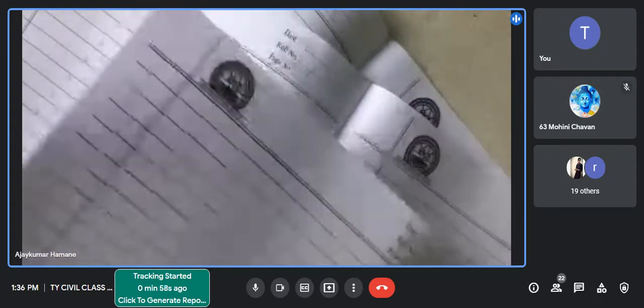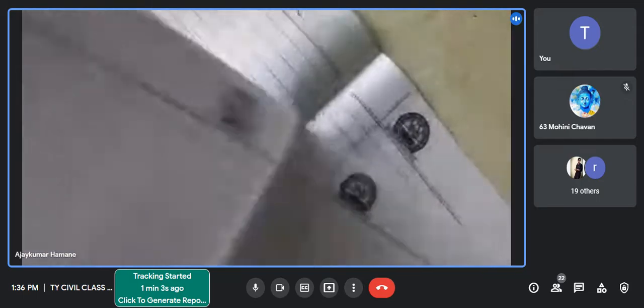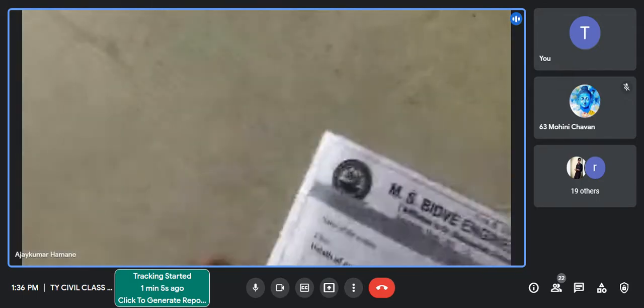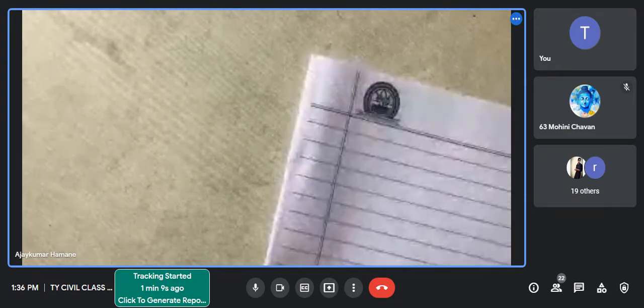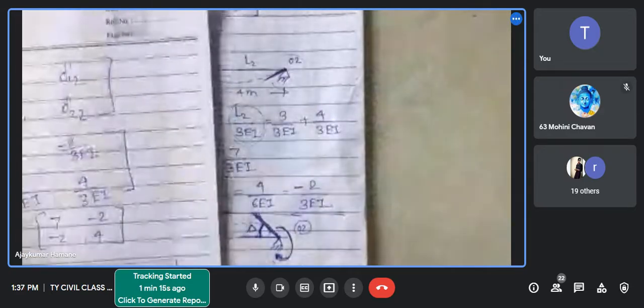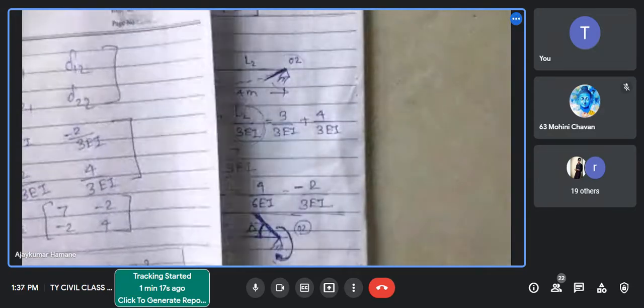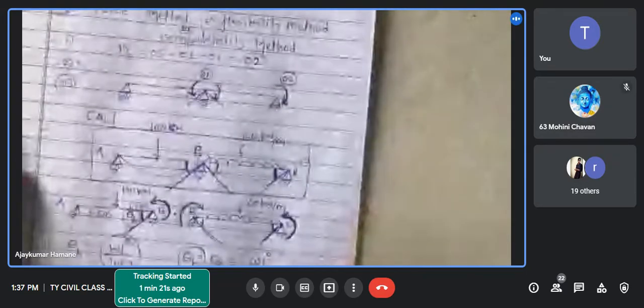We have a cantilever beam having a loading on this beam.